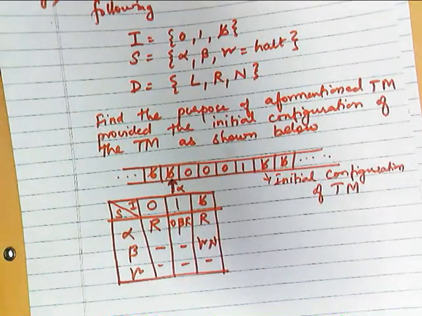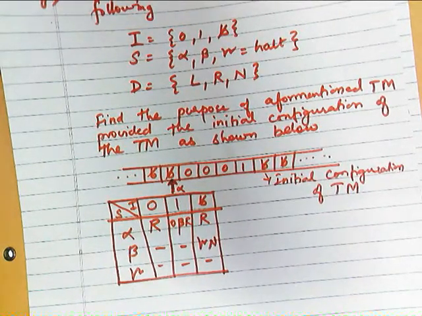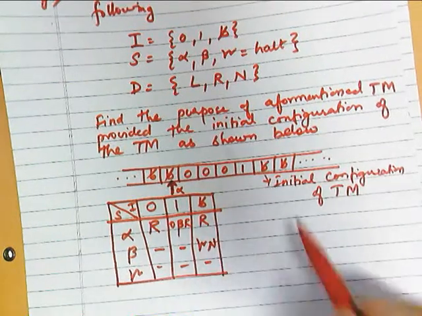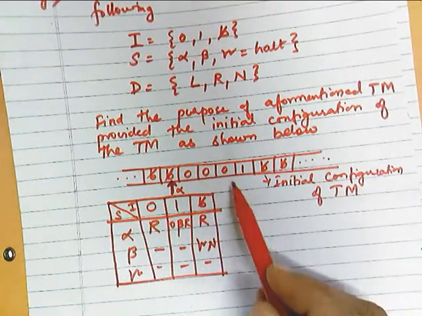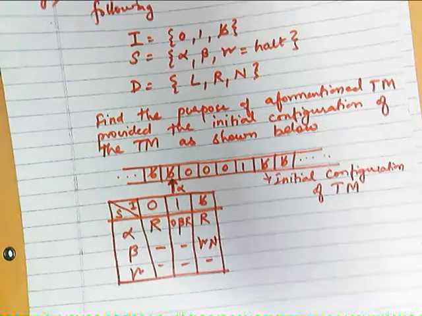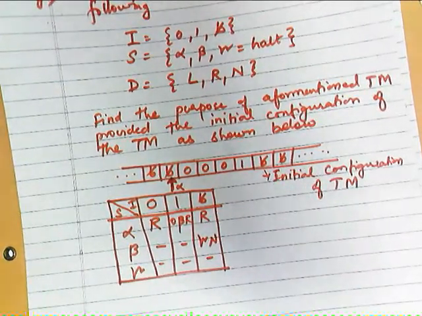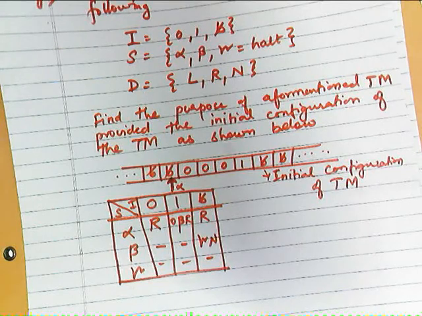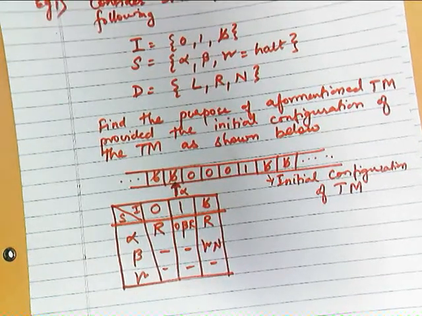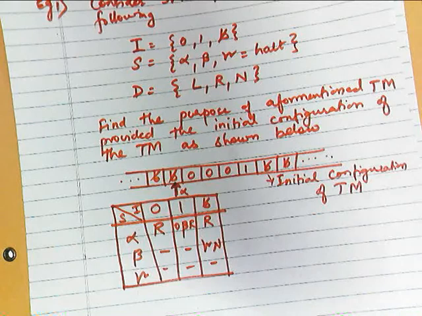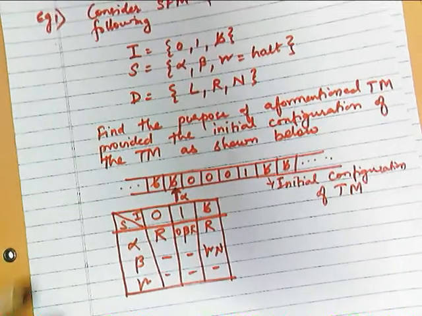This whole thing represents the initial configuration of the TM. Now we want to know the purpose of this machine. How do we find out the purpose of this machine? We need to simulate this machine first. So now we will try to simulate this machine.